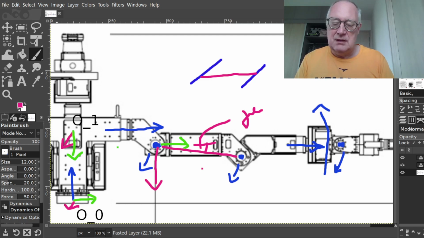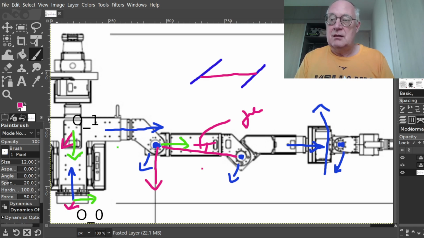So then dx would be O3x minus O2x. And since the y coordinate is inverted, it will be O2x minus O3x, or minus O3x minus O2x.